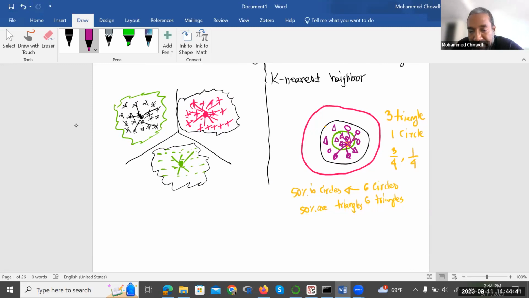So among these distances, within this range, we will see that most of the images are circles. So the square that we put should be a circle. That's the main idea. Okay.